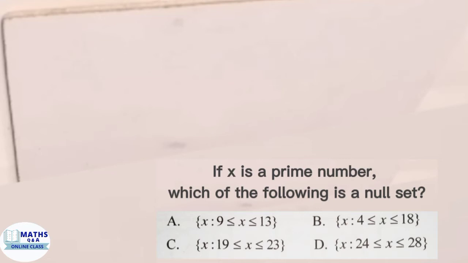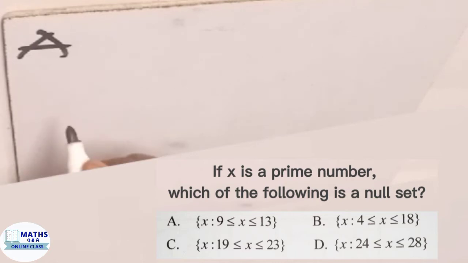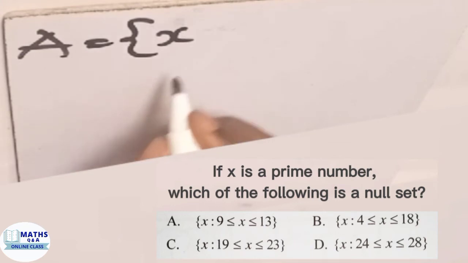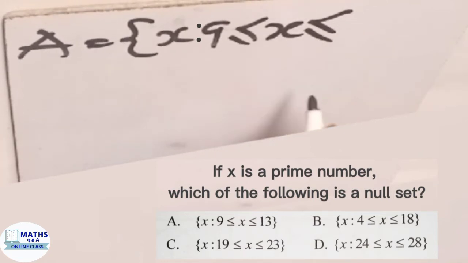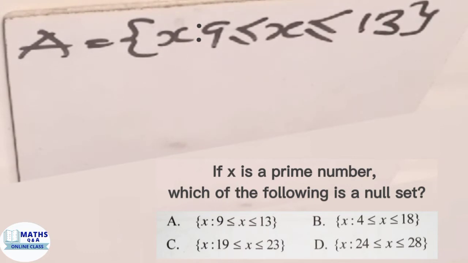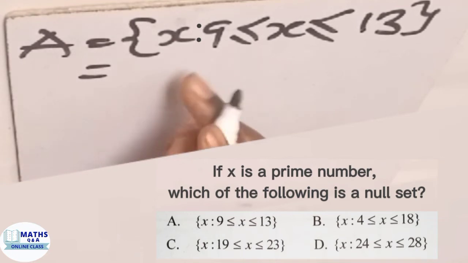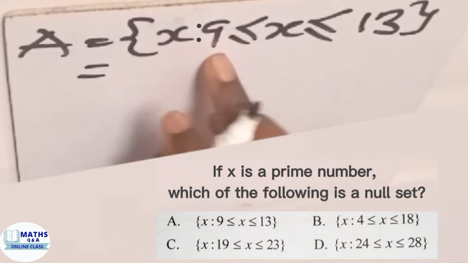Now, let's take the first one, A, and A is x is such that x is greater than or equal to 9, but less than or equal to 13. So let's list the members of this set. x is greater than or equal to 9 means the numbers can be greater than 9 or equal to 9, so we start from 9.